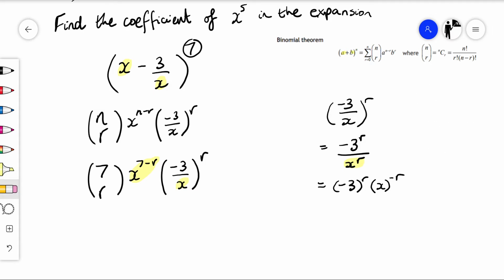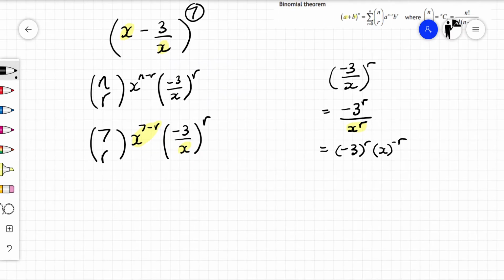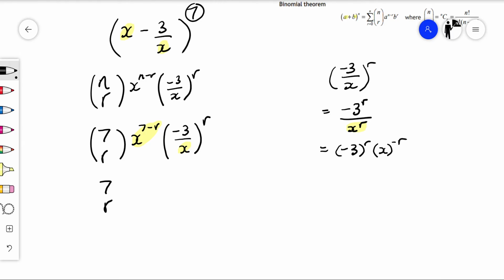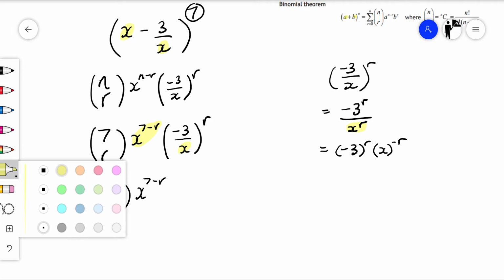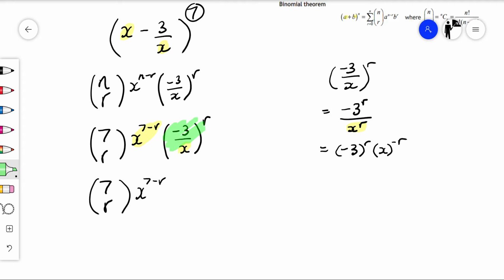So I'm going to rewrite that expression as 7 choose r, x to the 7 minus r, and I'm going to replace this here with this here. So that's going to become minus 3 to the power r, x to the power minus r.